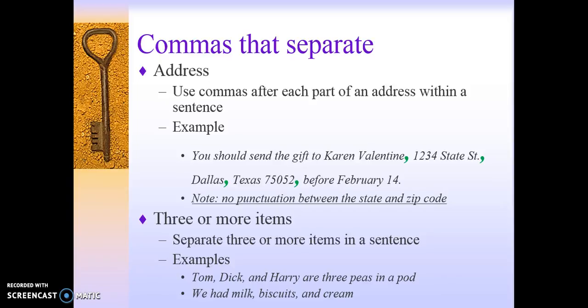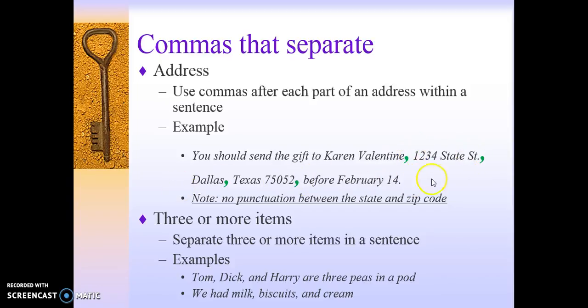Notice that there is no punctuation between the state and the zip code. Now you have a comma because if you put it on the envelope, Karen Valentine would be on one line, 1234 State Street would be on the next line, and Dallas, Texas 75052 would be on another line. But what you're doing is, after each unit or each grouping, you're placing a comma when you put it all on one line horizontally.